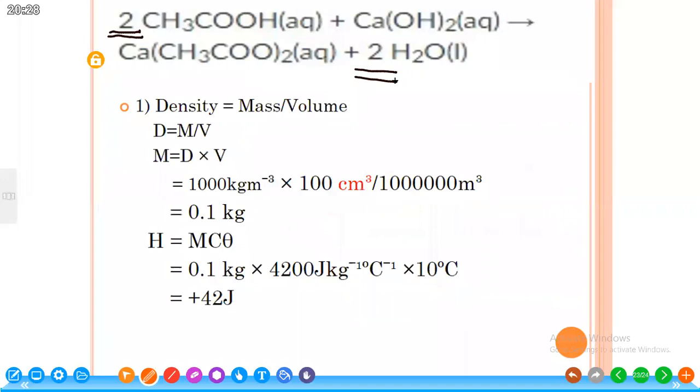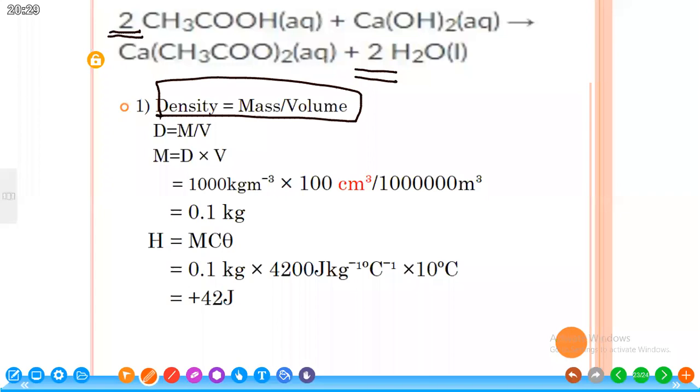So how do we calculate the enthalpy energy change here? We don't know the mass of the substance, so we apply the equation density equals mass over volume.